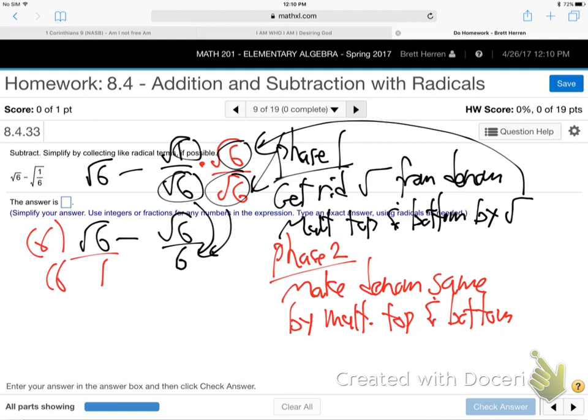So multiply top and bottom, but you got to do top and bottom, right? You got to keep the balance. By 6. So what do you get then? You get 6 root 6 over 6 minus root 6 over 6. Good so far? Now they have the same denominator, don't they? See how we've done that?